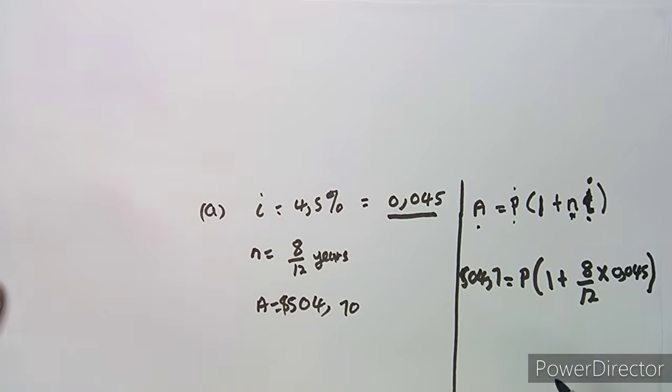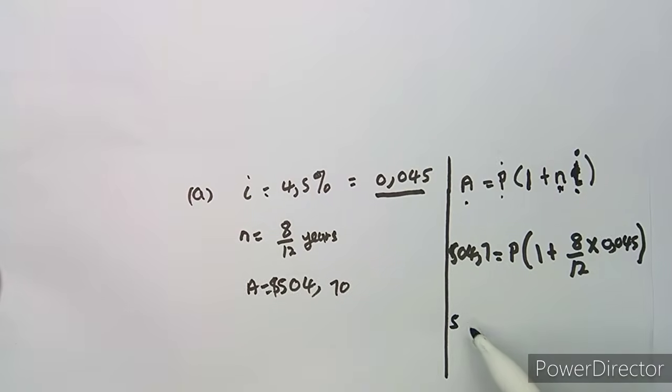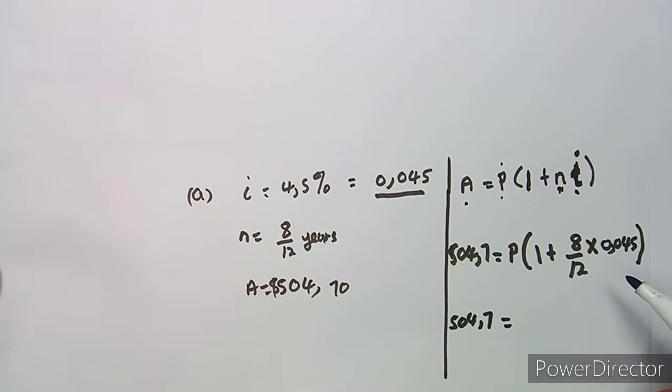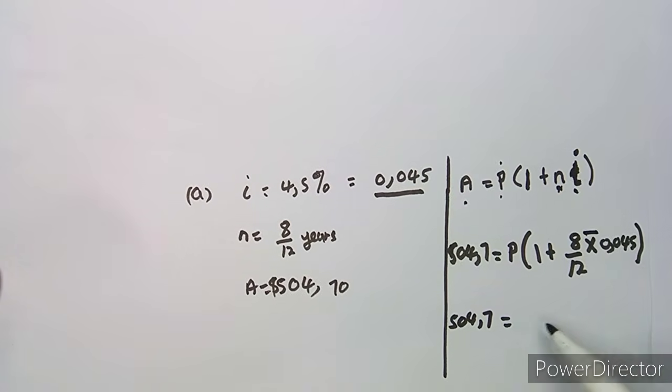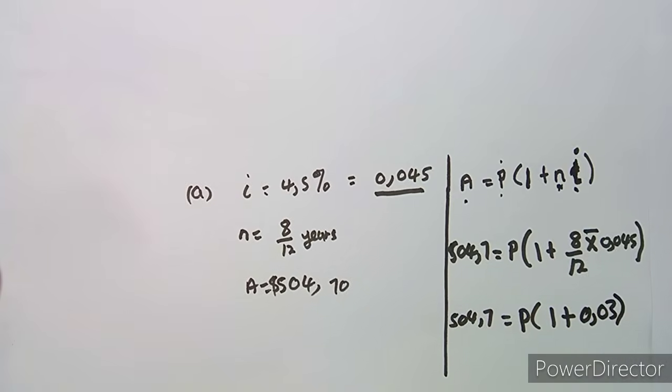So that's it, guys, you can calculate our P here. 504.7 is equal to P times 1 plus, if you multiply these two, you obtain a decimal of 0.03. All right, so that's what you're going to have.